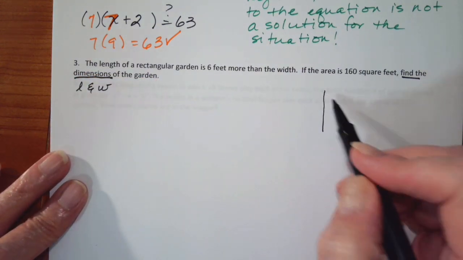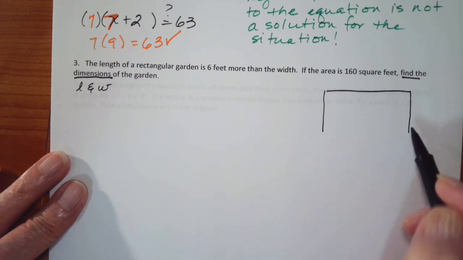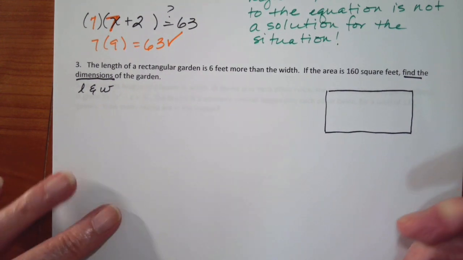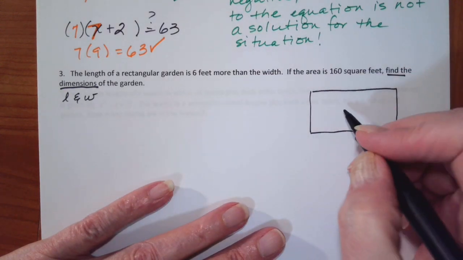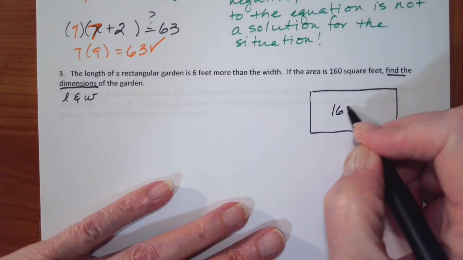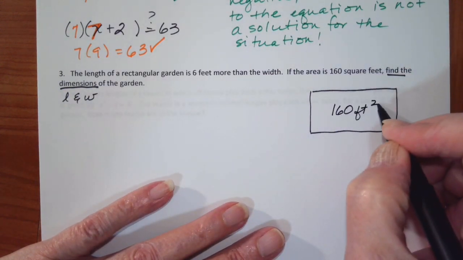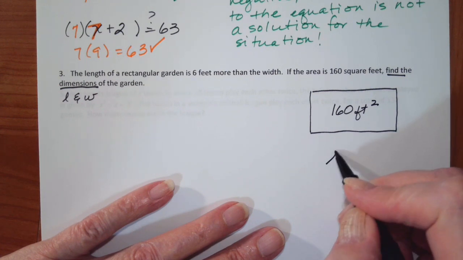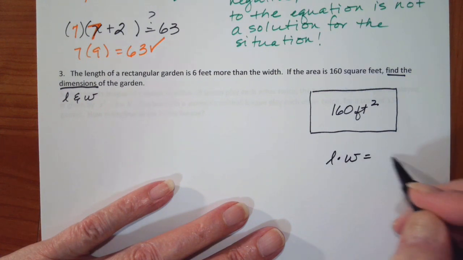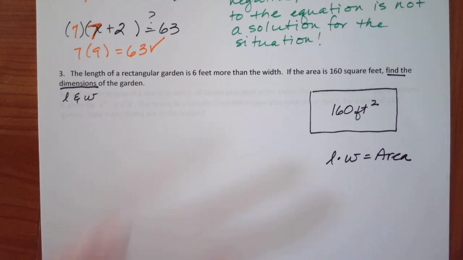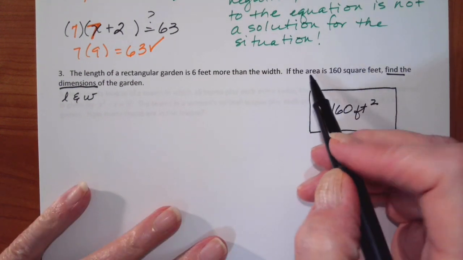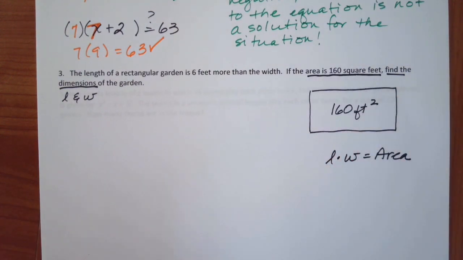Okay, so I'm just going to draw myself a diagram real quickly, and I'm going to figure out what I can do about finding the dimensions of this rectangle. It tells me that the area is 160 square feet. I know that length times width is equal to area. Okay, so I've got that the area is 160 square feet.